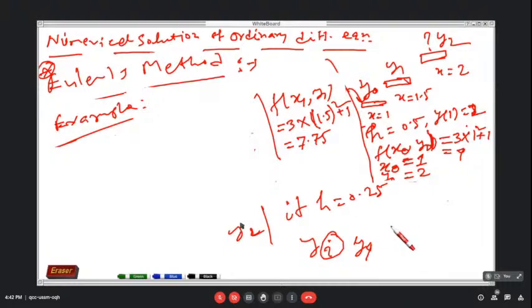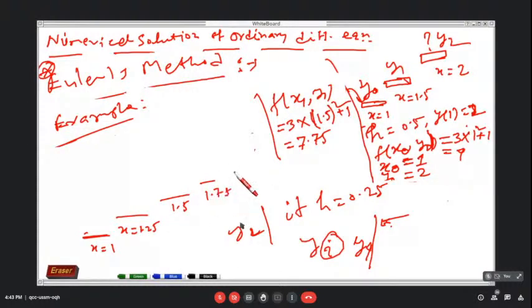That means, let's draw it here, maybe freshly we can draw here. So this is, let's say, x is equal to 1 because that is the starting point given, and then x is equal to 1.25, right, and then 1.5, then 1.75, then 2, right?